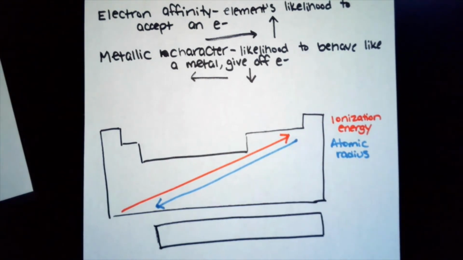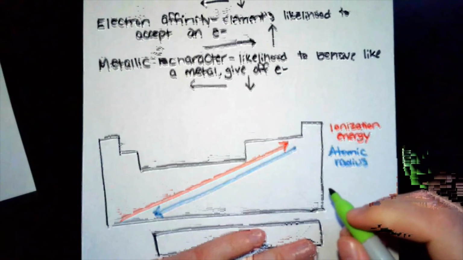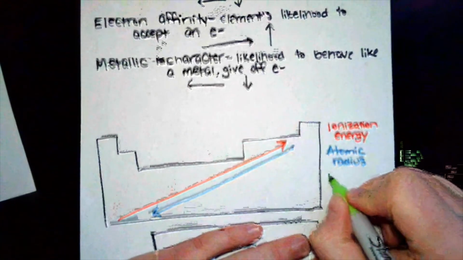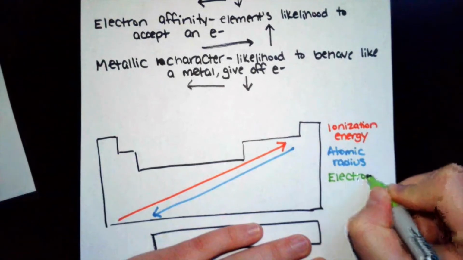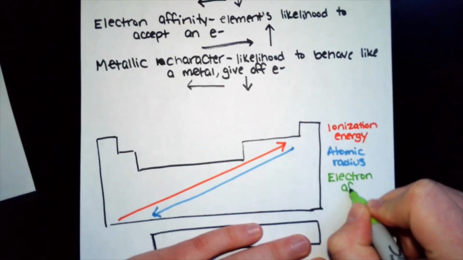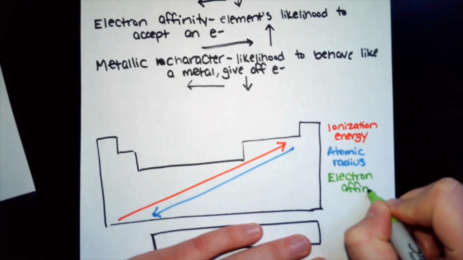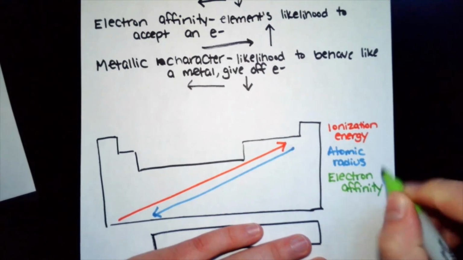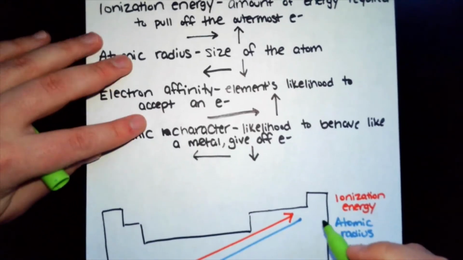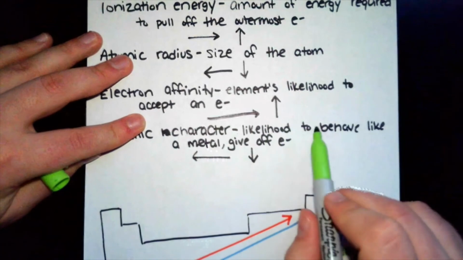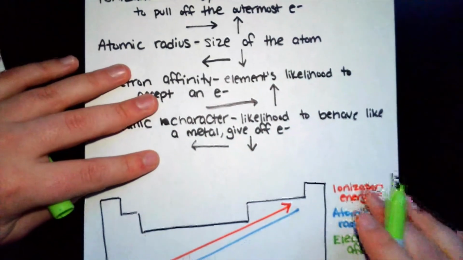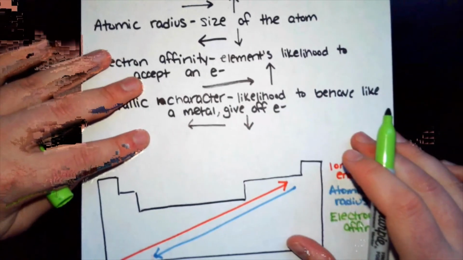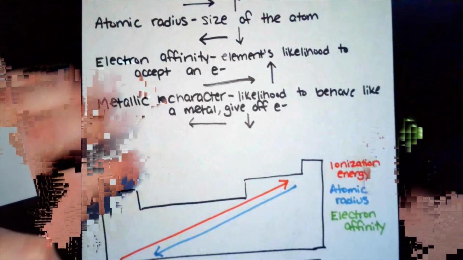Alright, I'm going to use green for electron affinity. And if you recall, electron affinity increases going to the right and up, somewhat going up. Again, it's not as solid as the other ones, but that is the general trend.